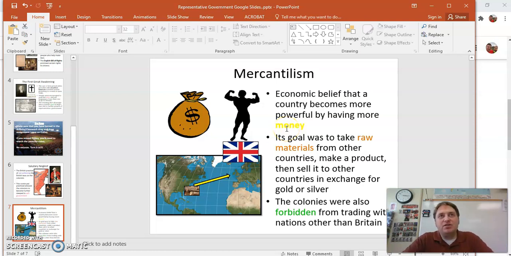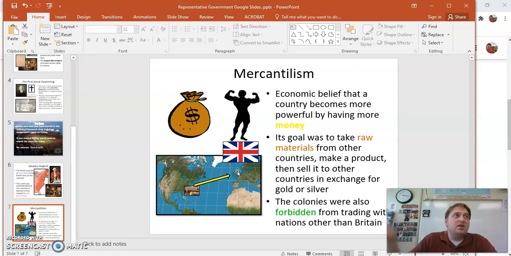Basically, it's where England is using the colonies for economic gain. In other words, it's profit. So what the colonies are doing is sending over to England raw materials, like a piece of wood, a block of metal, or some raw cotton. And England has the factory, so they completely change those raw materials into finished products.